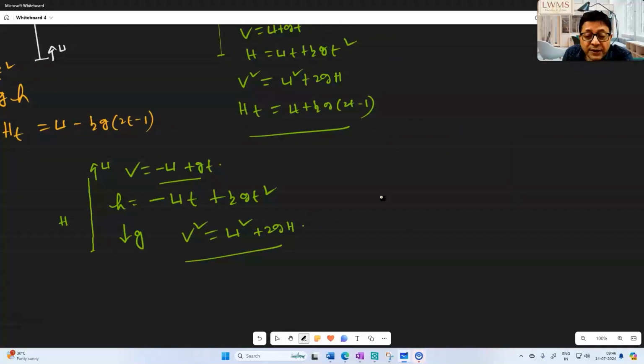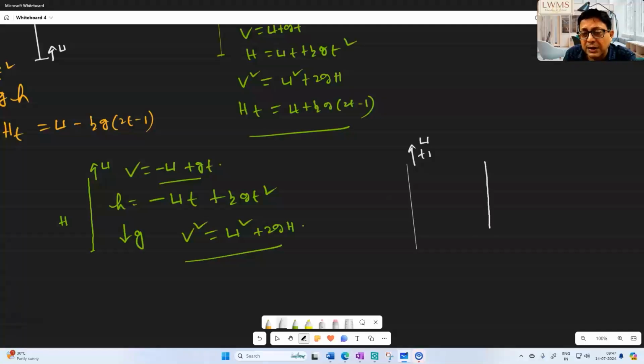Now, a very important problem can be asked in an MCQ or in a descriptive question. A particle thrown vertically upward with velocity u strikes the ground after time t1.